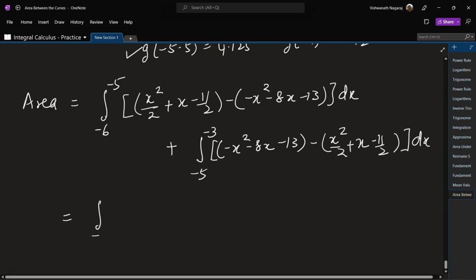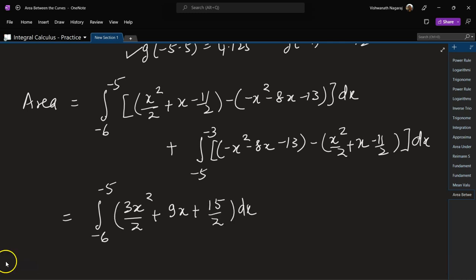Okay, now let's simplify. Minus 6 to minus 5, x square by 2 plus x square will give us 3x square by 2 plus 9x plus 15 by 2 dx, plus minus 5 to minus 3, and here it will give us minus 3x square by 2 minus 9x minus 15 by 2 dx.